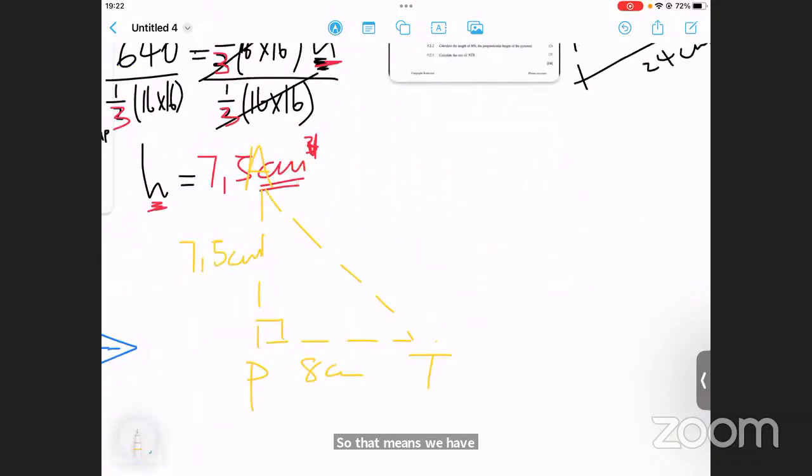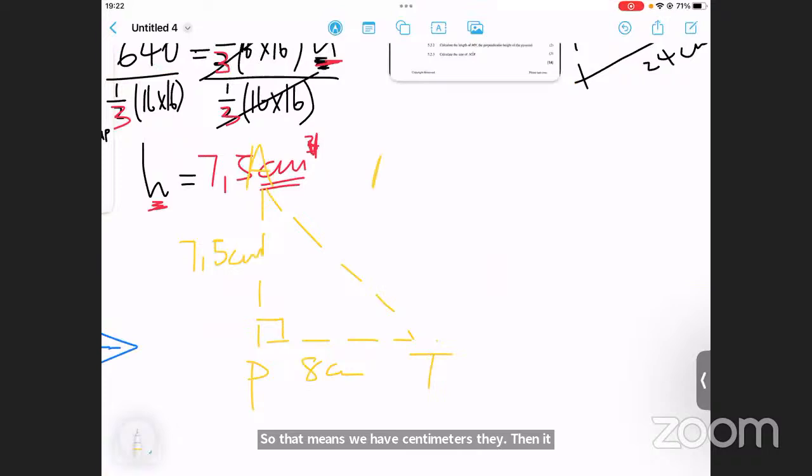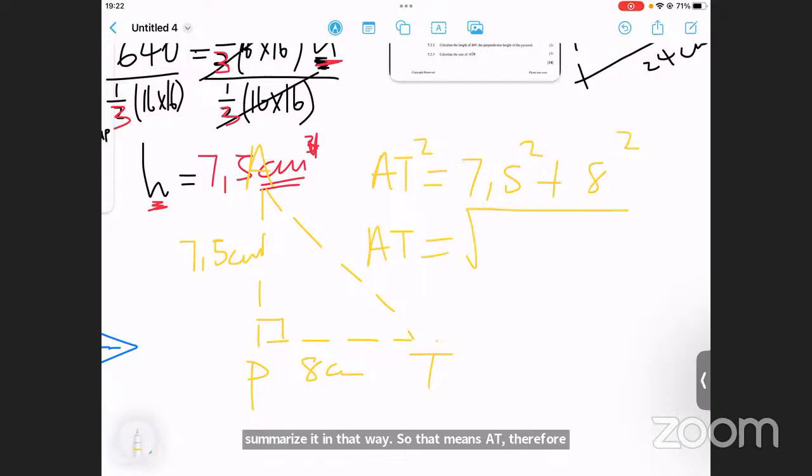Then you can use the theorem of Pythagoras to calculate AT. You obviously know what the formula is, I'll just summarize it that way. So AT will therefore be the square root of 7.5 squared plus 8 squared.